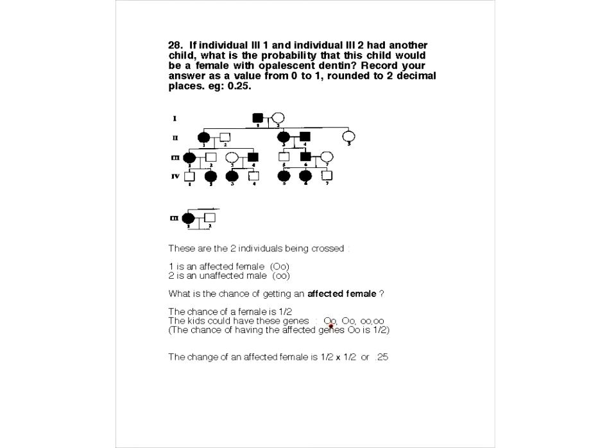Then the chance of being an affected female. Well, the chance of getting affected genes is going to be 1/2, because 1/2 of the time you're going to have big O, little o. So the chance of being female is 1/2, the chance of getting affected genes is 1/2. So again, we multiply the two together and we're going to get 0.25. All right, so that's how we do this one.